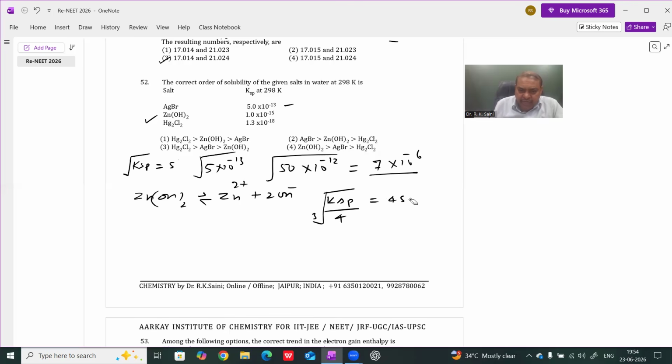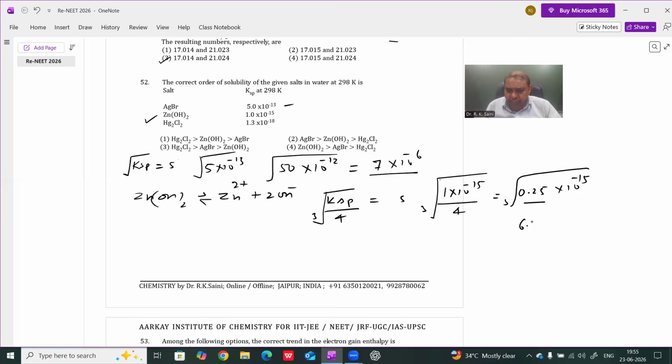Now putting the value of KSP, given as 1 into 10 to the power minus 15, divided by 4, and taking the cube root, the value is 0.25 into 10 to the power minus 15, cube root. This value is nearly 6.3 into 10 to the power minus 6.65. Therefore, the solubility of zinc hydroxide is greater than AgCl.